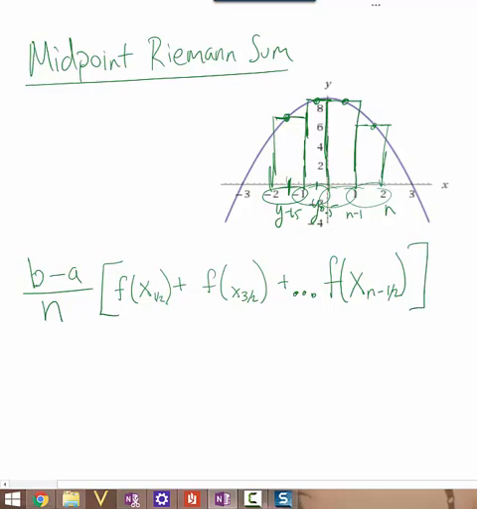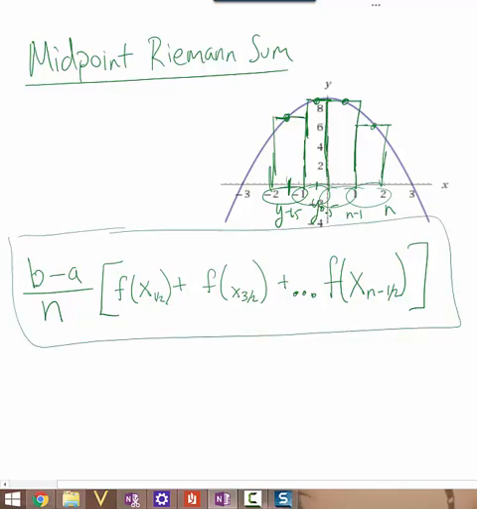So you start off at a half, you finish at 1/2 less than n, and that's that formula. So all three of these are different formulas for Riemann sums.